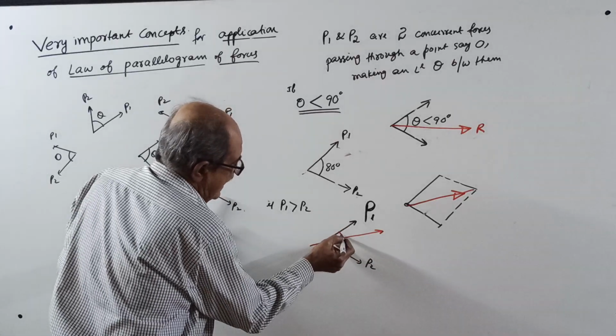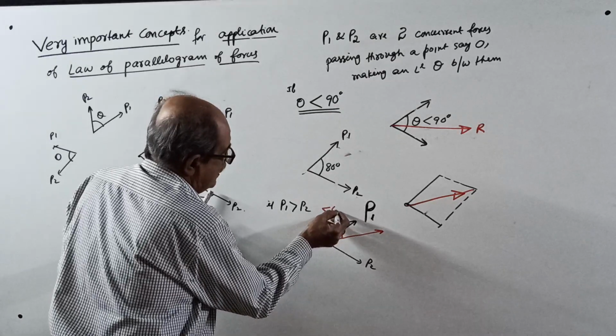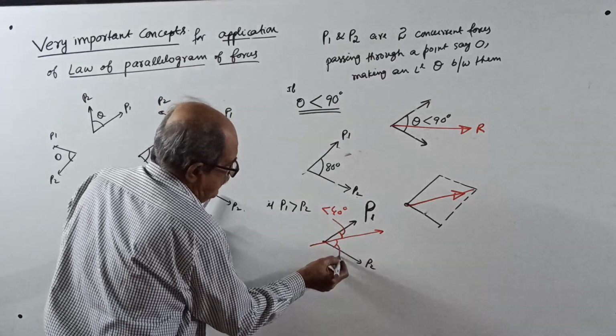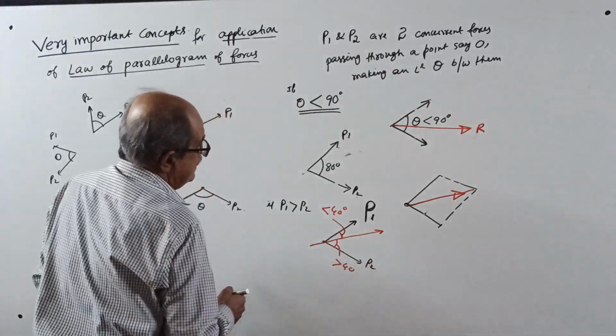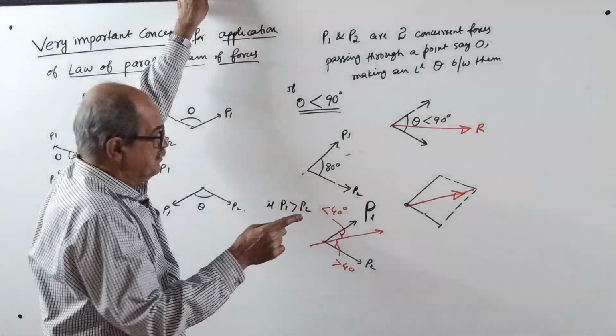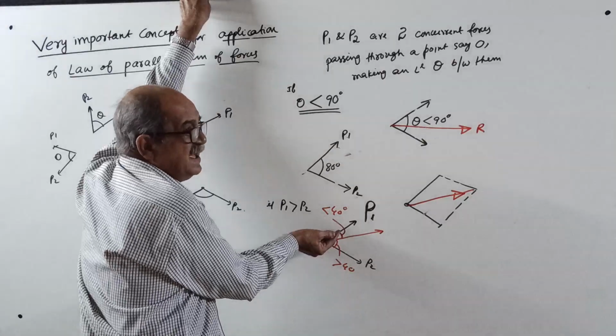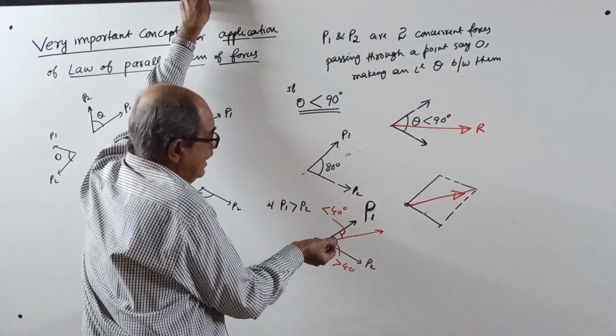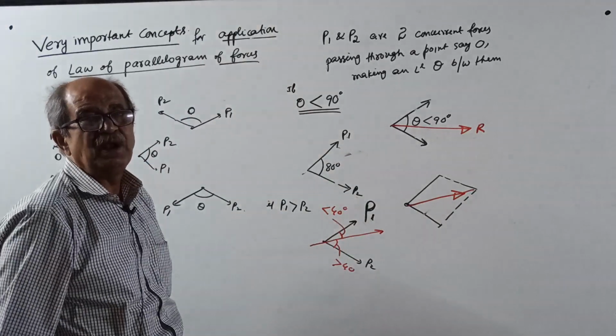Surely this angle will be less than 40 degrees, and this angle will be more than 40 degrees. Now, how much lesser you can't tell. If P1 is very, very high compared to P2, it can come even to 10 degrees, 5 degrees, or even 0.1 degree.